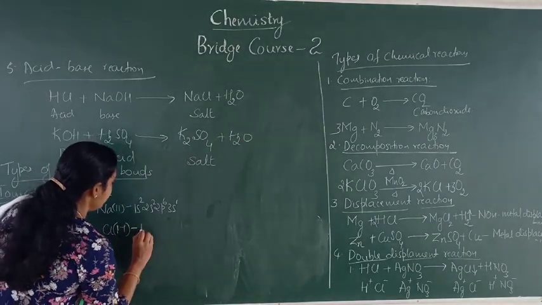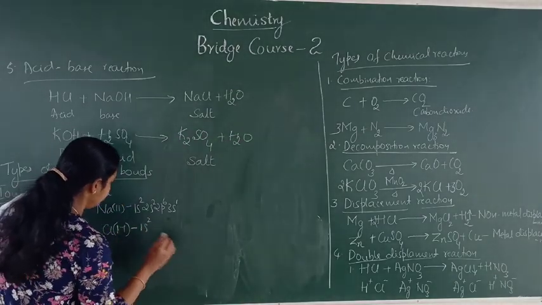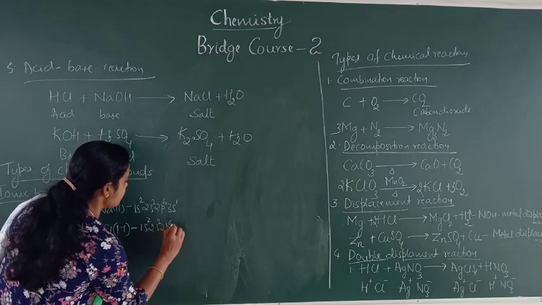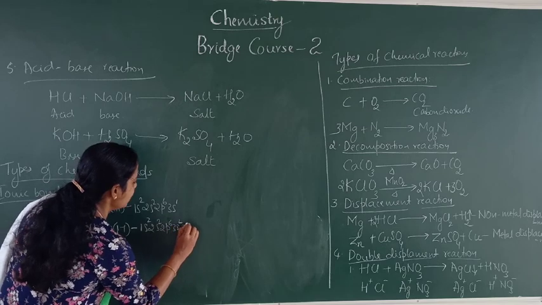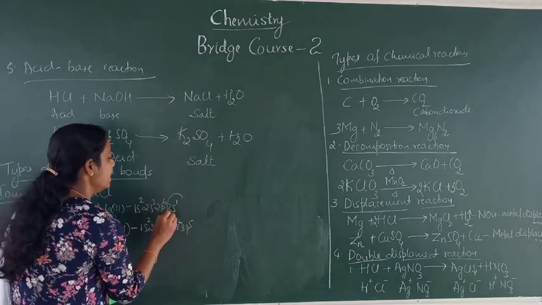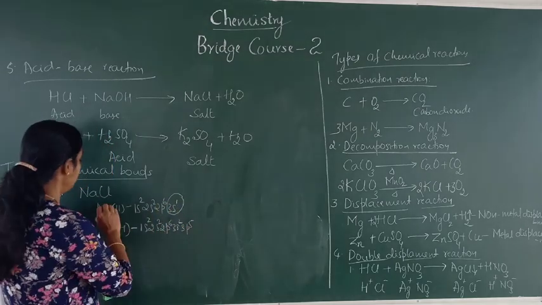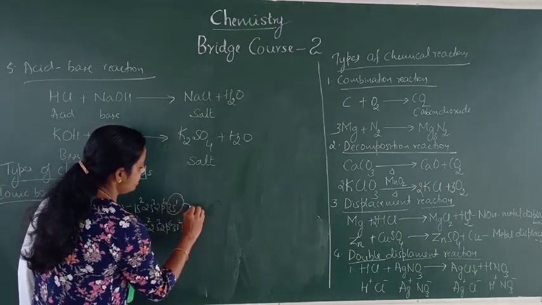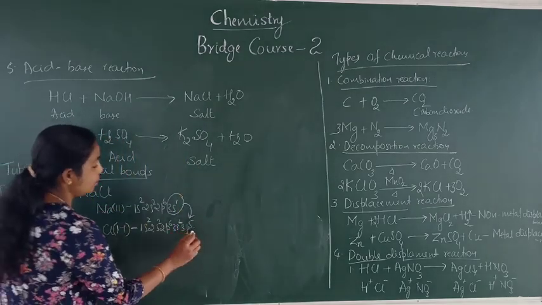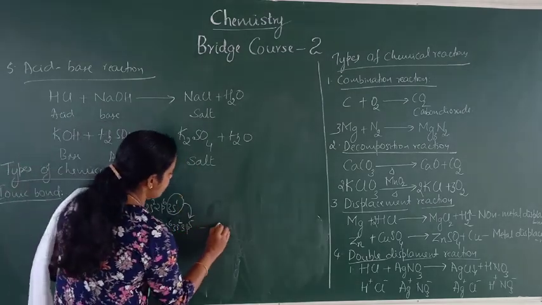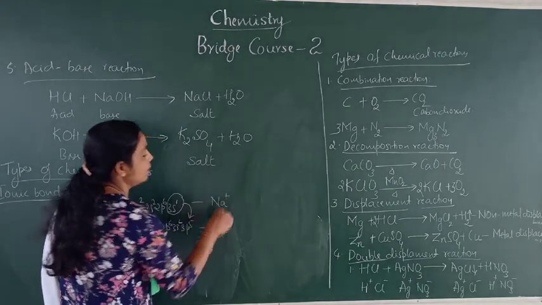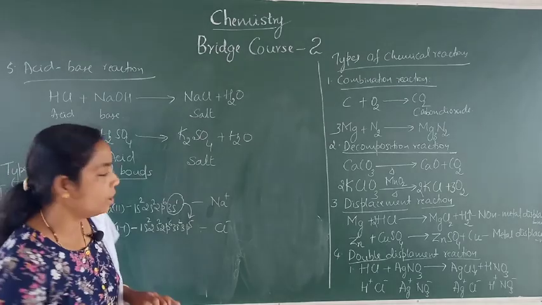Now we will write the electronic configuration of chlorine: 1s2, 2s2, 2p6, 3s2, 3p5. Say the 3s electron of sodium atom is transferred to chlorine atom and chlorine atom is converted to chloride ion and sodium is converted to Na plus ion.